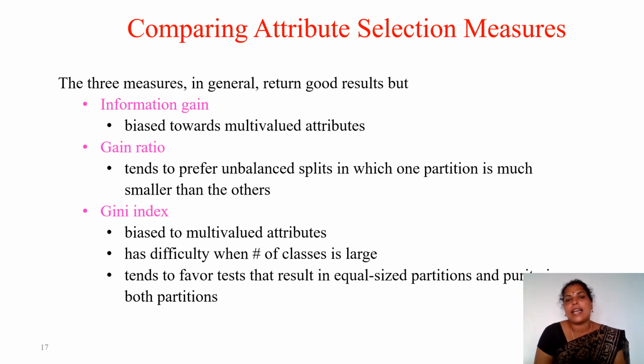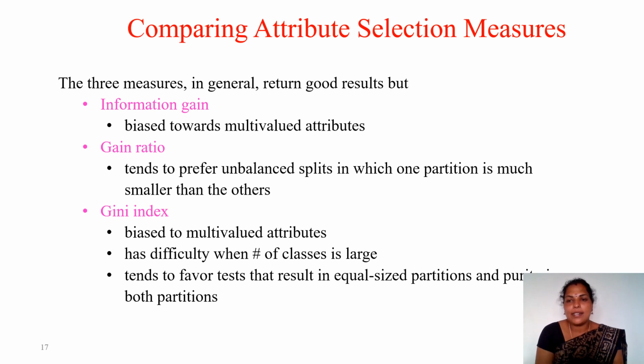Gini index is biased towards multi-valued attributes, has difficulty when the number of classes is large, and tends to favor tests that result in equal-size partitions. So these are the disadvantages of each attribute selection measure.